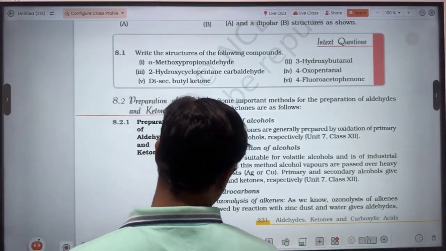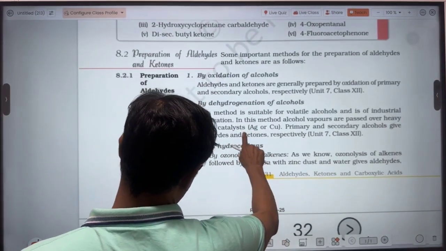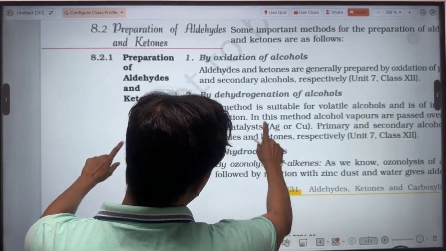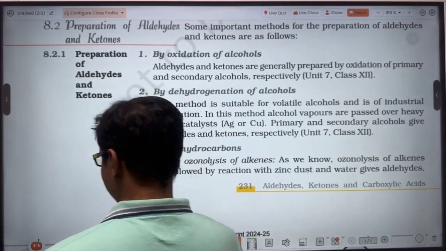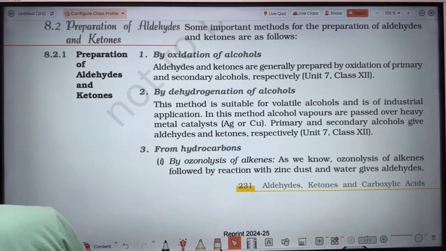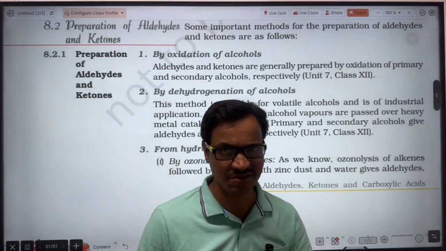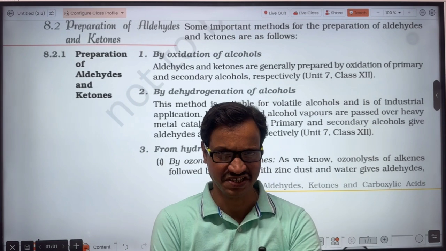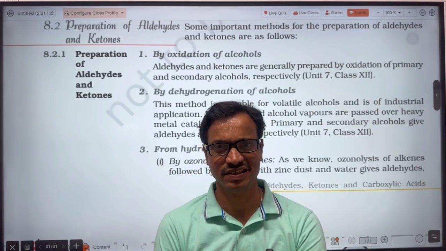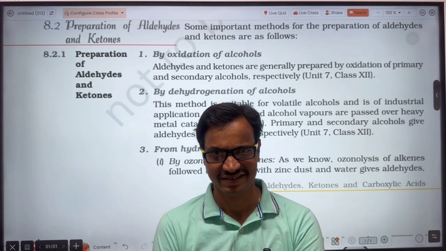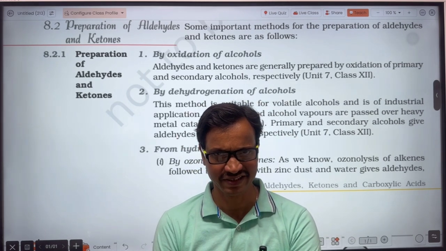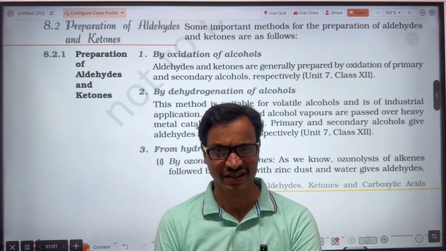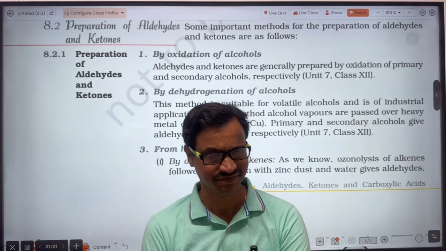Second one is by dehydrogenation of alcohol. Guys, keep in mind, dehydrogenation means hydrogen will have to be removed, and dehydrogenation is also a type of oxidation, because oxidation is defined as the addition of oxygen or removal of hydrogen, or the addition of any electronegative element, or the removal of any electropositive element.